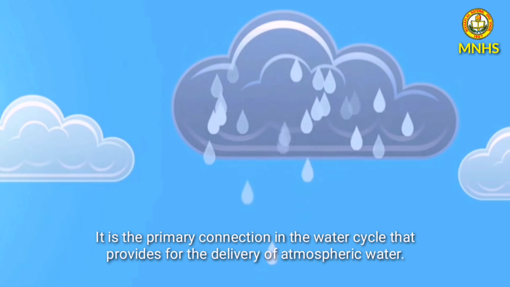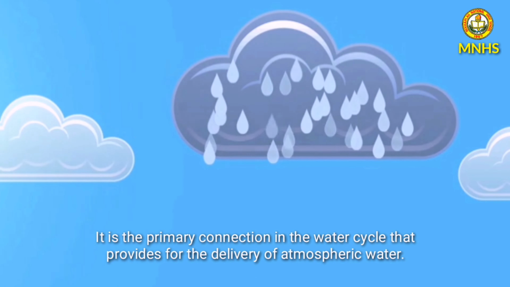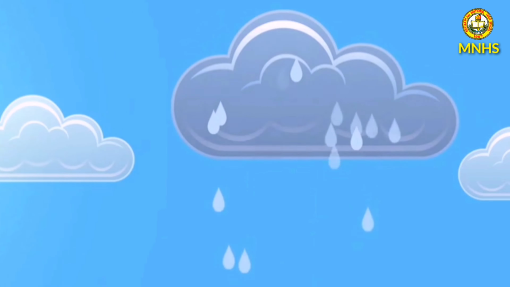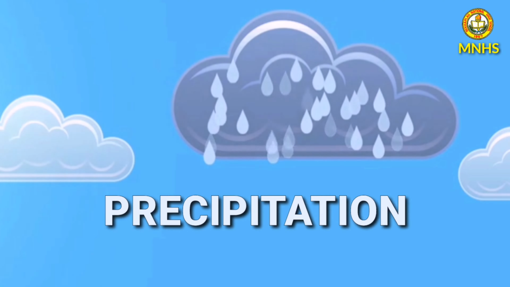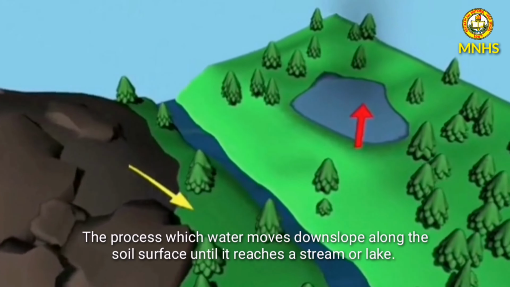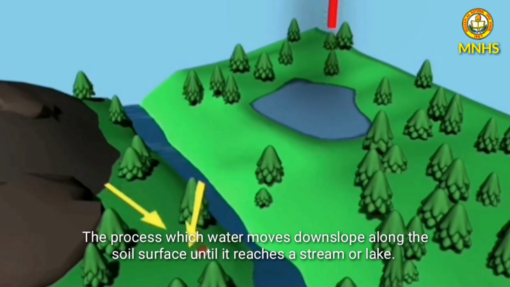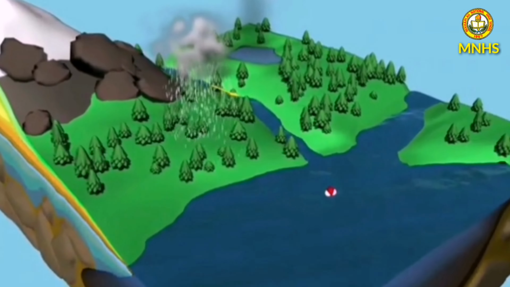It is the primary connection in the water cycle that provides for the delivery of atmospheric water. The process in which water moves downslope along the soil surface until it reaches a stream or lake.